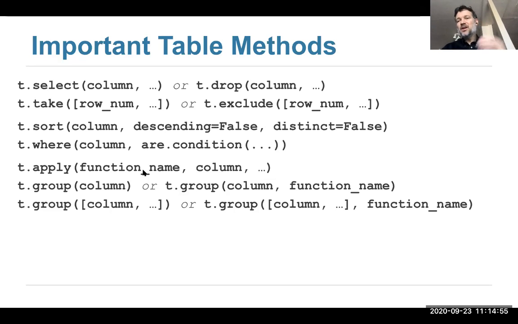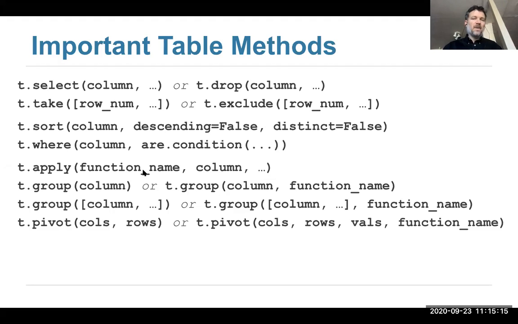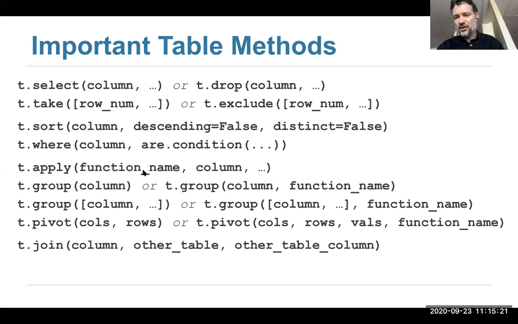Group lets you combine rows based on the value in one column, in one attribute. Group can also allow you to do aggregation, where instead of counting the number in each group, you do some other kind of aggregation like the min or the max or the average. We saw pivot, which lets you do cross-classification between two categorical variables. And we saw join, which I just talked about.